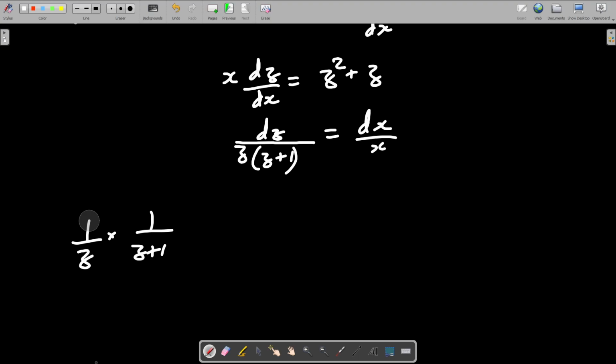Integration by parts works only when one of your terms over there is a polynomial. These are not polynomials. Or you have nice combinations of functions, like e raised to ax into sine of bx.